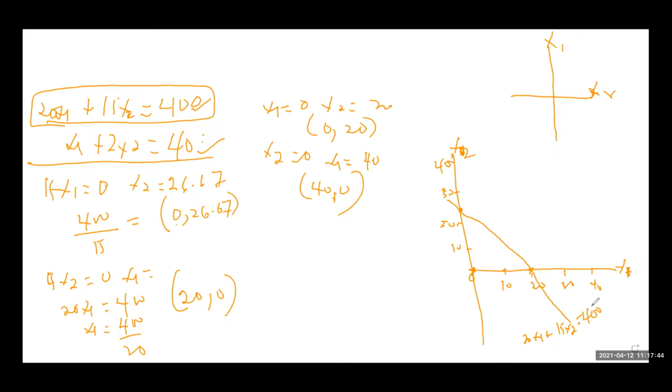Then the next coordinate says that when x1 is 0, x2 is 20, that's somewhere here. And when x2 is 0, x1 is 40, it's also somewhere here. I can now join the 2 together. Then as we said, this equation is x1 plus 2x2 equals 40.